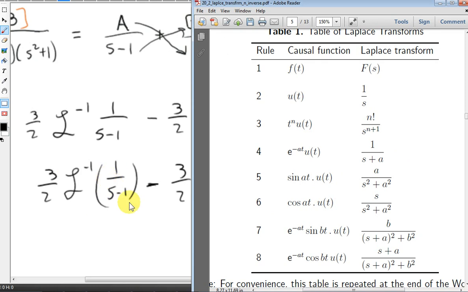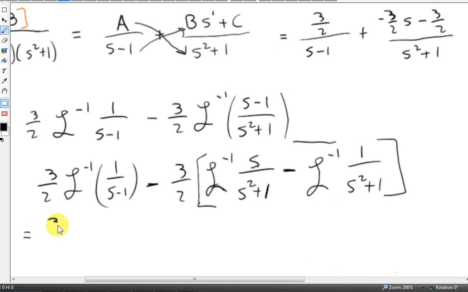So let's look up L inverse of 1 over s minus 1. Well, here it is here, 1 over s plus a, but we let a equal minus 1, so we get e to the minus 1 times t. That's e to the plus t. Next we want L inverse of s over s squared plus 1.